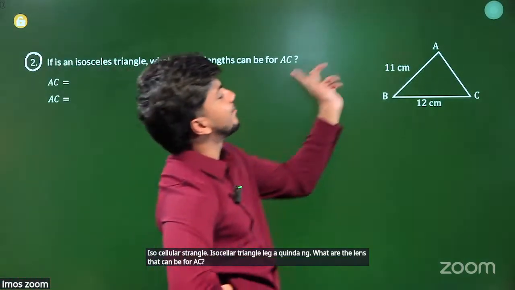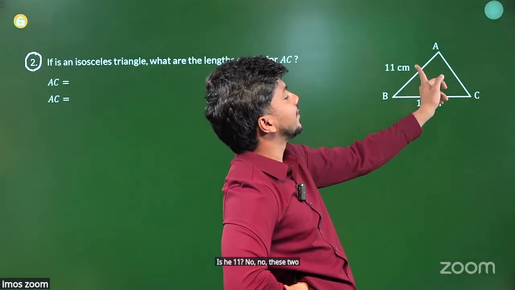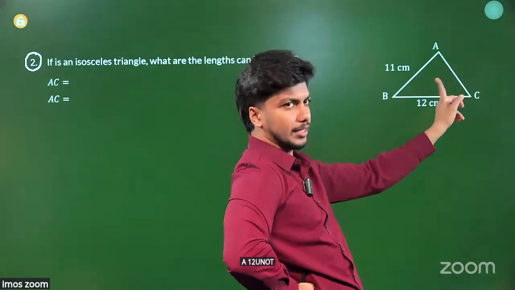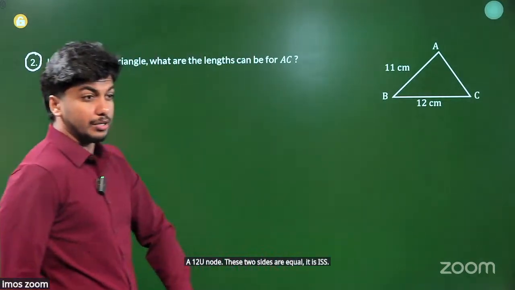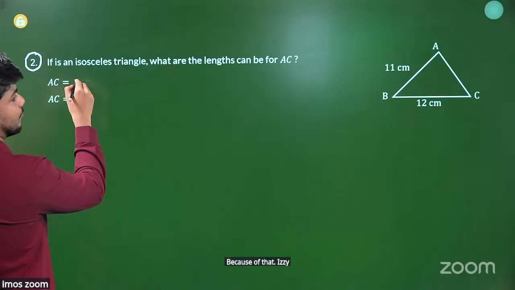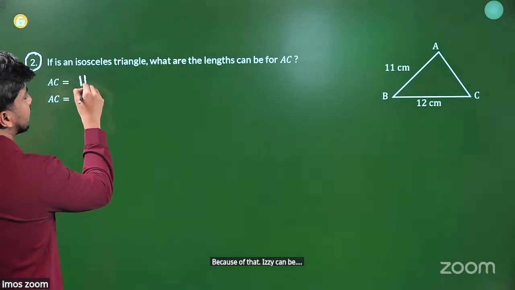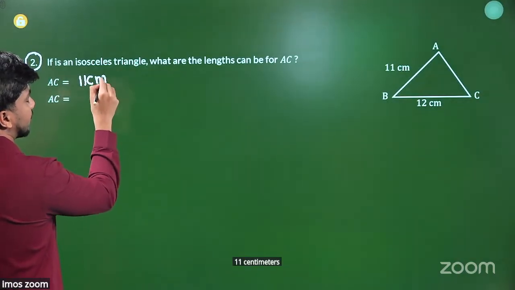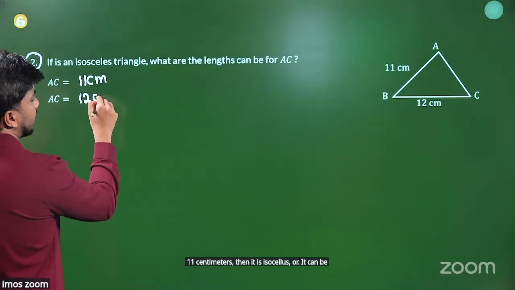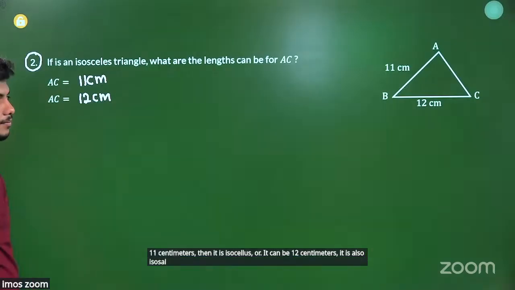If AC is 11, these two sides are equal, it is isosceles. If AC is 12, these two sides are equal, it is isosceles. Because of that, AC can be 11 centimeters or 12 centimeters, and it is an isosceles triangle.